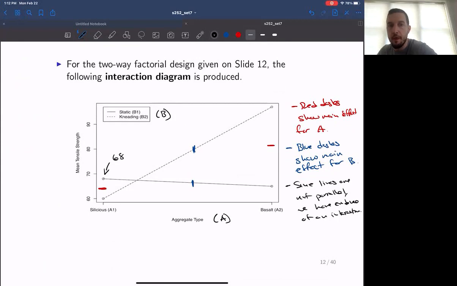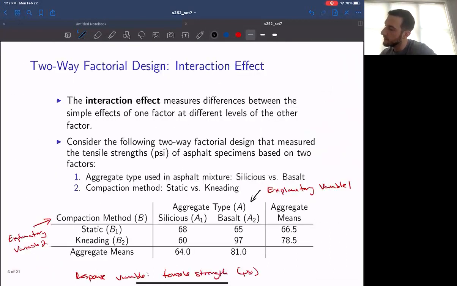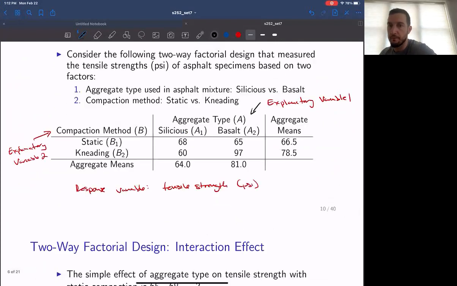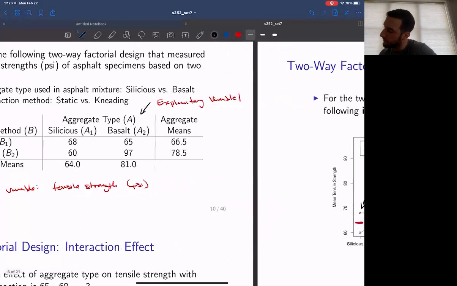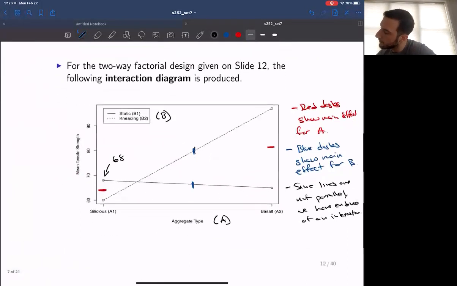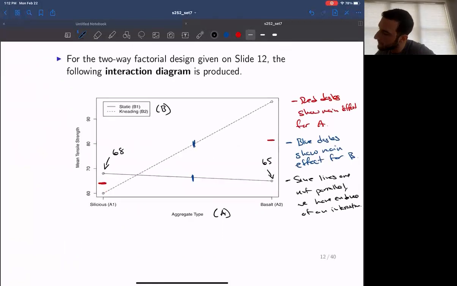That's the mean of the siliceous and static method, the value from the table. For the static method at the basalt level, we have a mean of 65. So the interaction diagram is simply a diagram where we're plotting the averages for each of the treatment combinations.